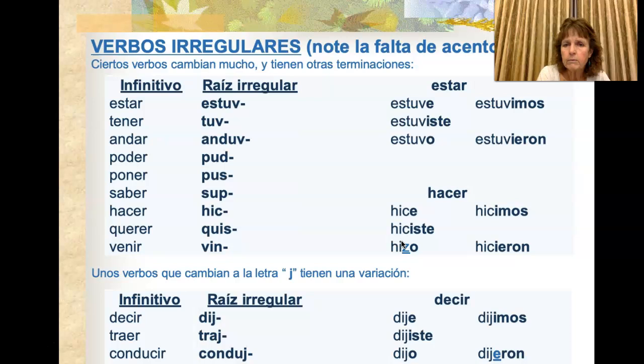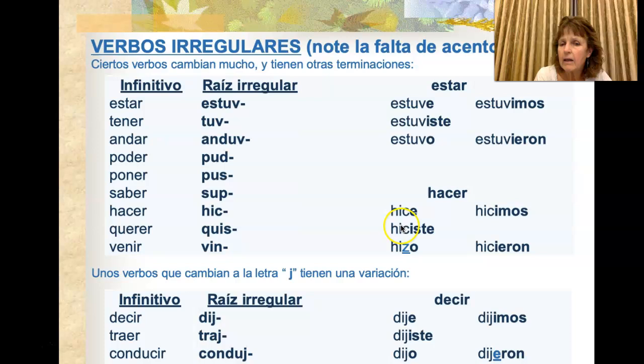So here you have more or less my list of the verbs that we're working with. Here you have the ones that go to U and to E and how they change. And here are the conjugations: estuve, estuviste, estuvo, estuvimos, estuvieron.